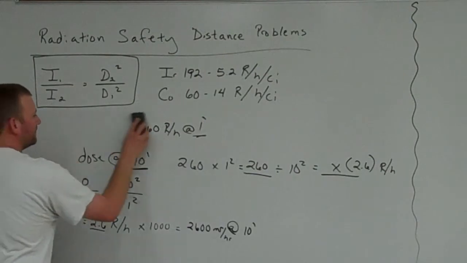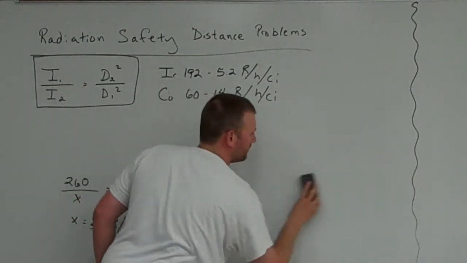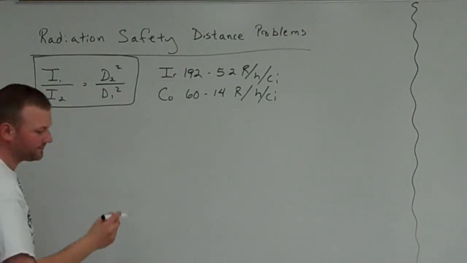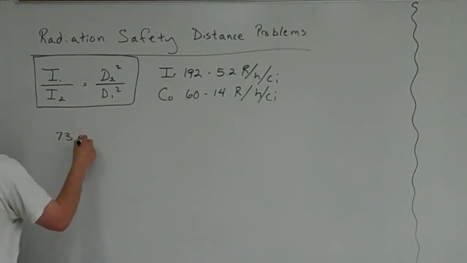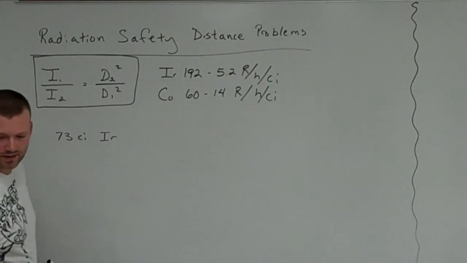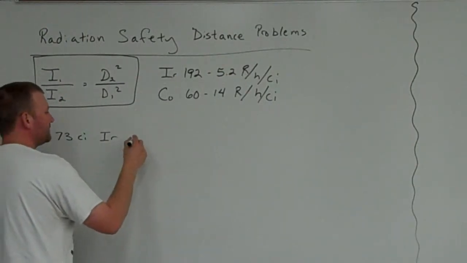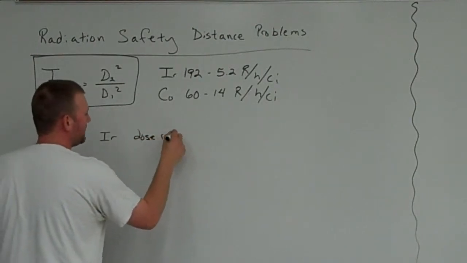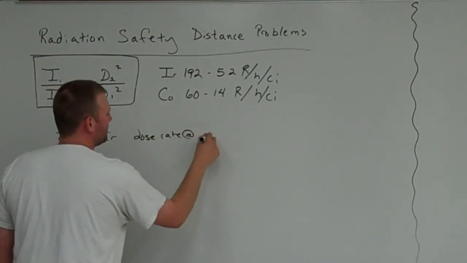We have 73 Curies of iridium. Dose rate at 10 feet. Should have just changed the 50. Dose rate at 10 feet.